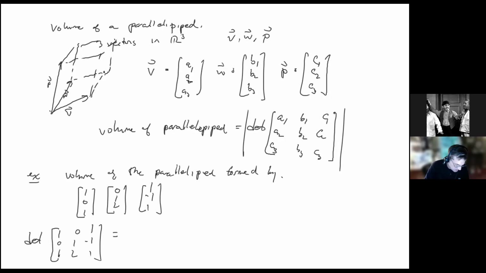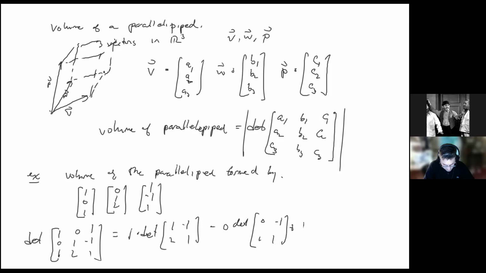So let's use the cofactor expansion along the first row. That's 1 times the determinant of (1, 2), (-1, 1), minus 0 times the determinant of (0, 2), (1, 1), plus 1 times the determinant of the 2 by 2 matrix (0, 1), (1, -1).